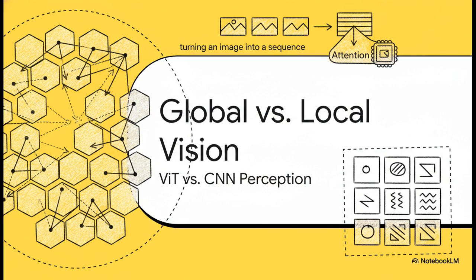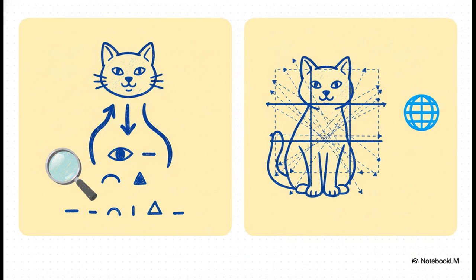So, we've turned our image into a sequence. This new format is the key to everything that follows, because it allows a ViT to see in a way that's totally different from the models that came before it, the famous convolutional neural networks, or CNNs. Let's really dig into that difference. Think of a CNN like a detective with a magnifying glass. In its first layers, it sees tiny local details, an edge here, a bit of texture there.